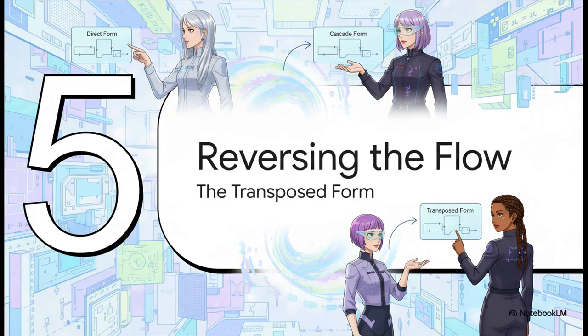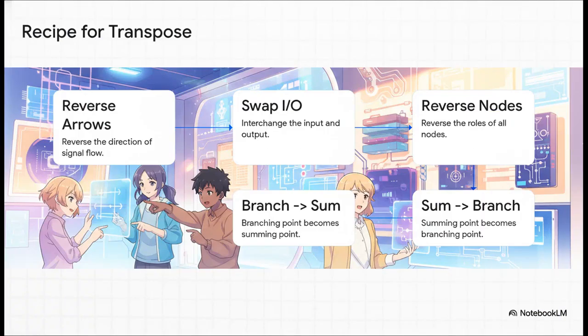All right, for our last big idea, we're going to try something that, well, it feels a little like magic. What happens if we take one of our original blueprints and just completely reverse the flow of the whole system? This gives us something called the transposed form. Now, there's actually a very clear recipe for how to do this. First, you reverse the direction of every single arrow in the diagram.